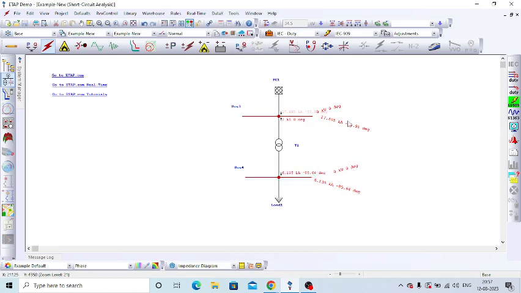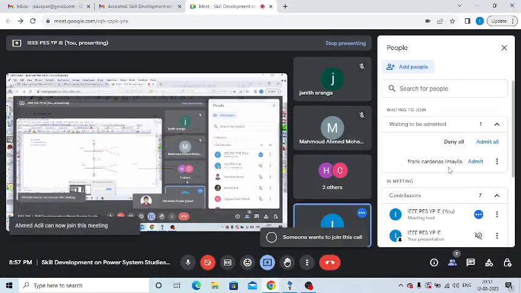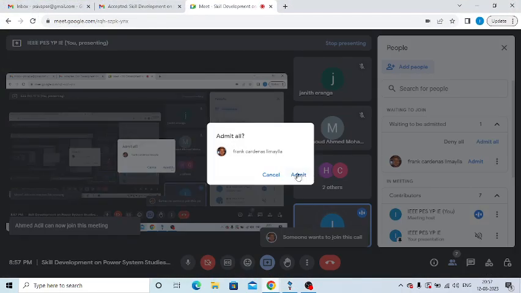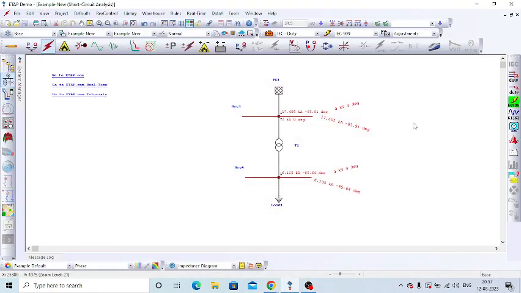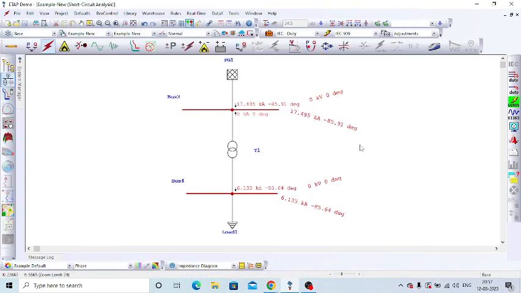Okay, so I will tell you how to see that result. Here we are getting multiple values. So the first one is the voltage. Presently, this bus 3 voltage at the time of fault is 0 kV and the voltage angle is 0.